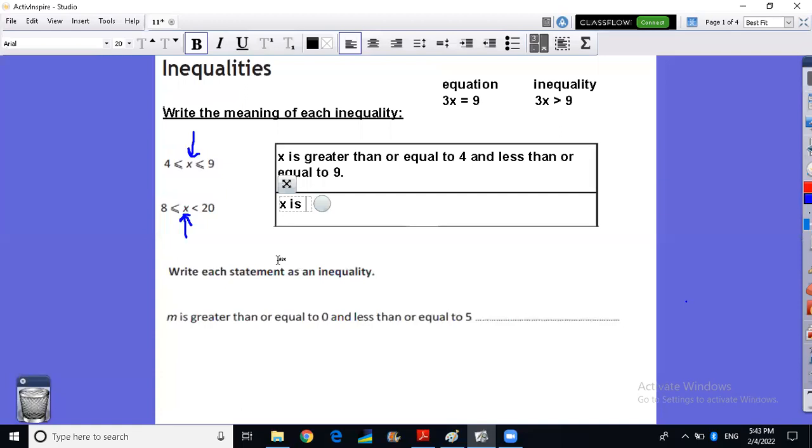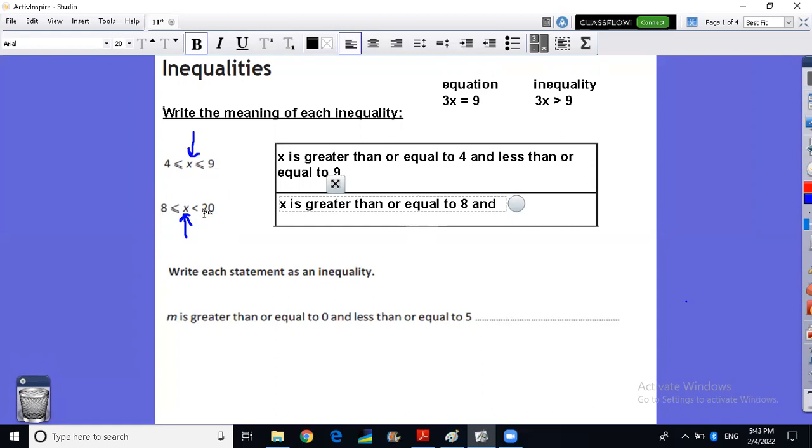Okay, so x is greater than or equal to 8. This is how we say it. It's not only greater than, x is greater than or equal to what? 8.